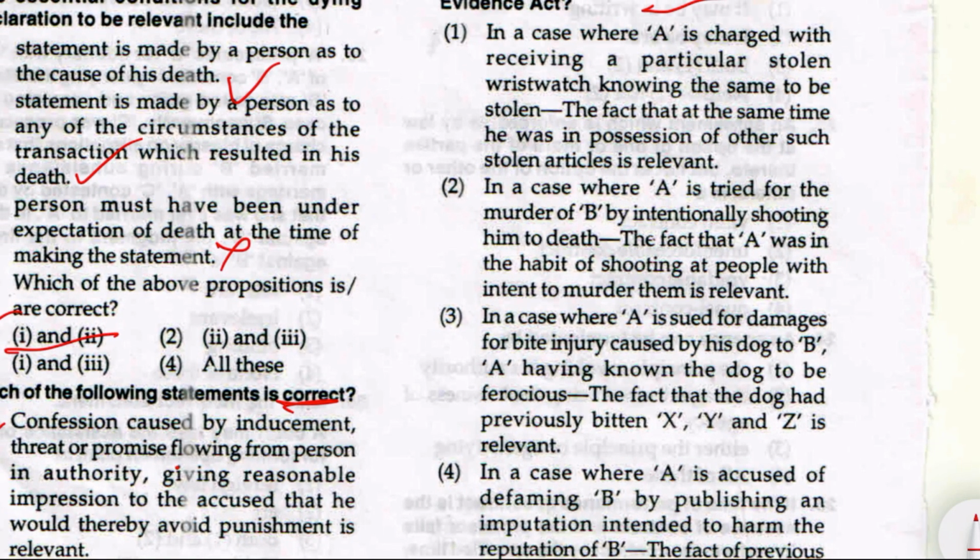In a case where A is tried for the murder of B by intentionally shooting him to death, the fact that A was in a habit of shooting at people with the intent to murder them is relevant. This one, option number 2, is basically illustration O of section 14, which talks about facts showing existence of state of mind or of bodily feeling. So the incorrect statement is option number 2 only.